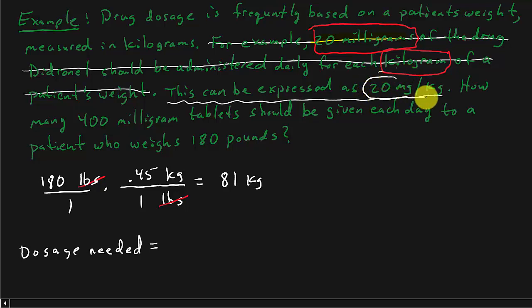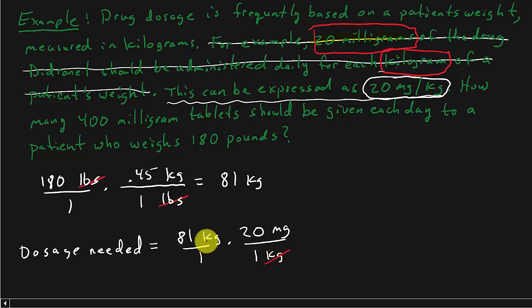They need the 20 milligrams per kilogram of weight. So that's going to be the 81 kilograms over 1 times the 20 milligrams per 1 kilogram.